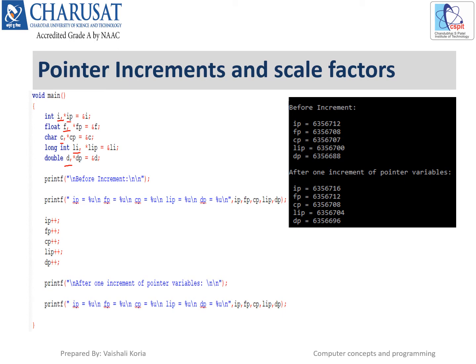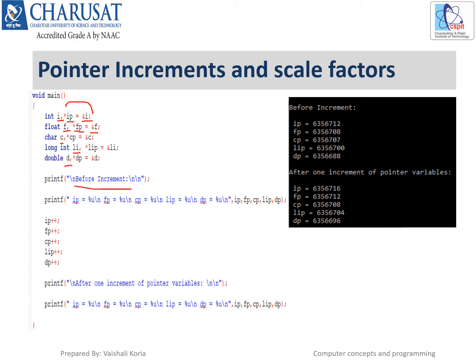The pointers are declared. IP is the pointer which is storing the address of the integer variable. FP will store the address of the float variable, like this. We have also given values to the pointer variables: I's address will be stored in IP, F's address will be stored in FP, like this. So initialization has been done here.